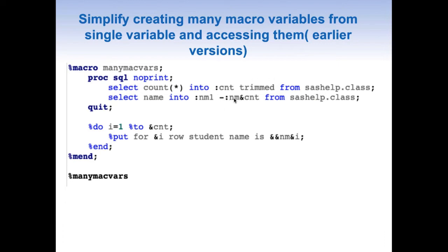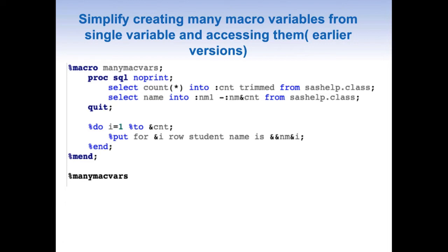When I am having :nm&cnt, if I do not use trimmed, this will have a space. So it will become :nm space 19, and this will cause an error. After using the option trimmed, this will become :nm19.